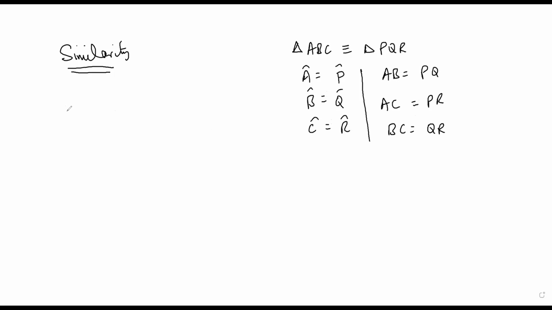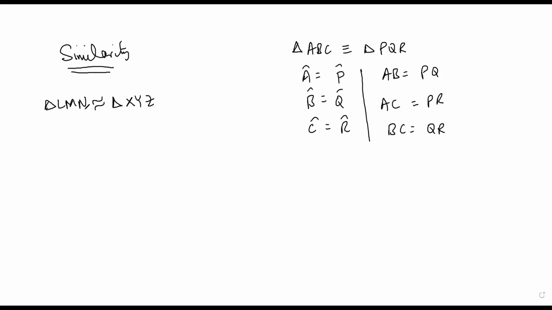Here, when you have two similar triangles, for instance, suppose there's a triangle LMN. Now, this is the symbol for the similarity. That is similar to the triangle, let's say, XYZ.